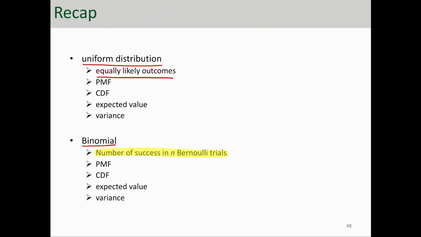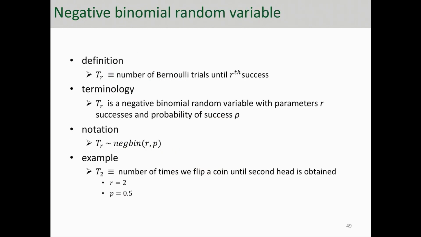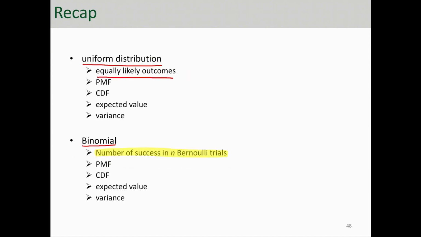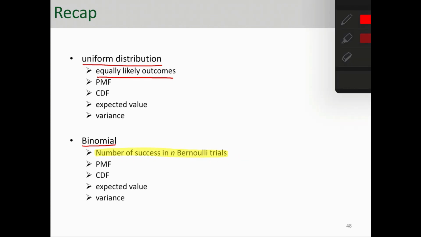So now let's jump right into negative binomial random variable. The definition of negative binomial is number of Bernoulli trials until rth success. Okay, so let's go back to the previous slide. Binomial is number of successes in n Bernoulli trials.